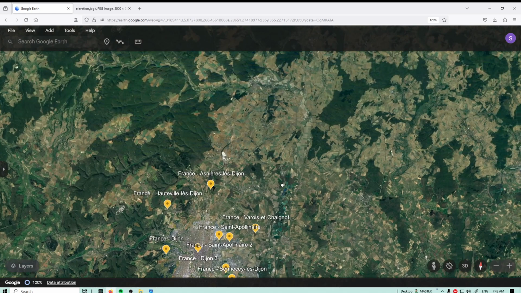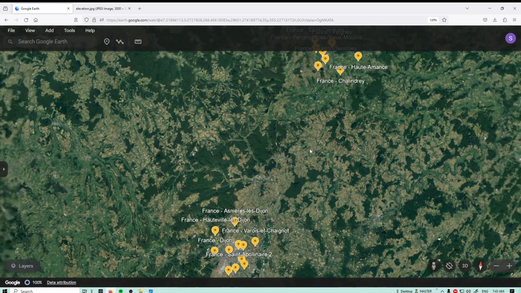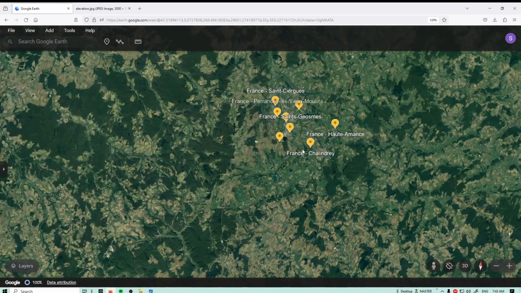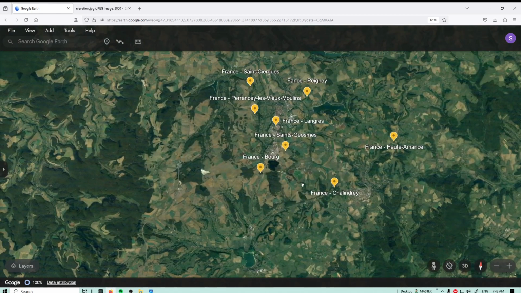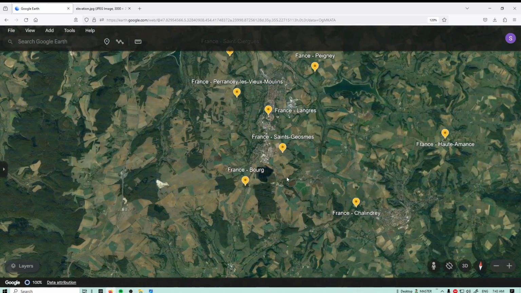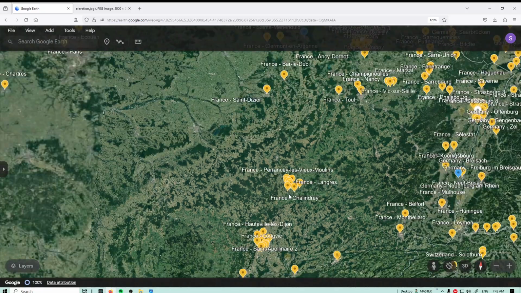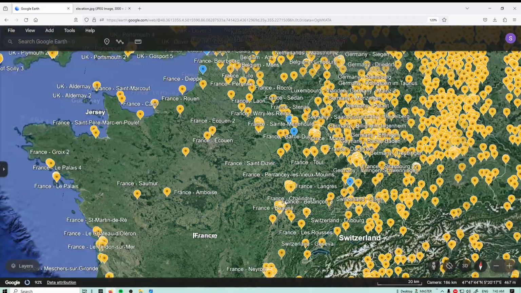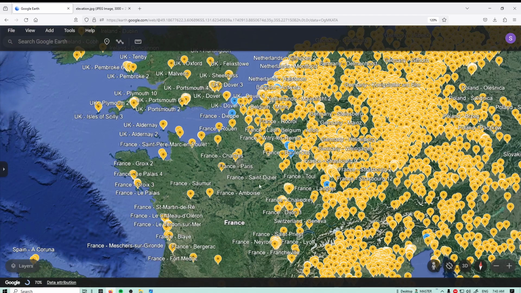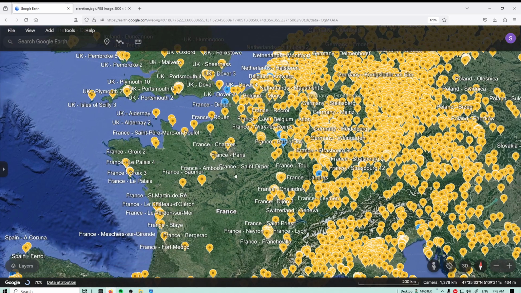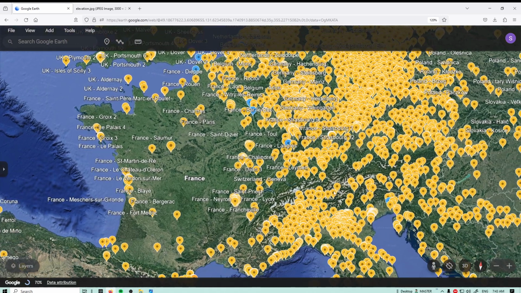And we have another one here. Okay, but again, I'm missing a lot of castles and places like that in France and UK. I've not listed those places yet.